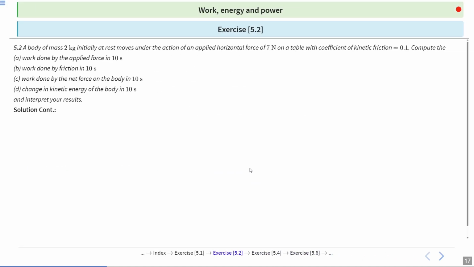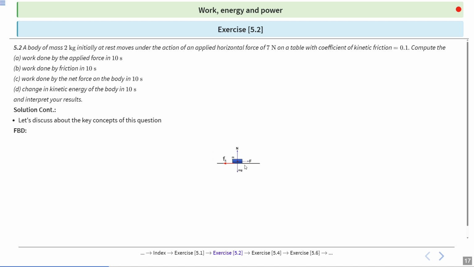Let's discuss the key concepts of this question, which are useful here. First, the free body diagram. The applied force on the horizontal surface is 7 Newton.